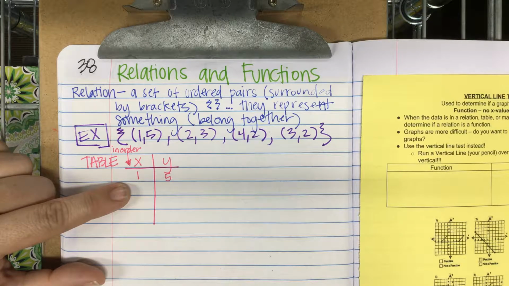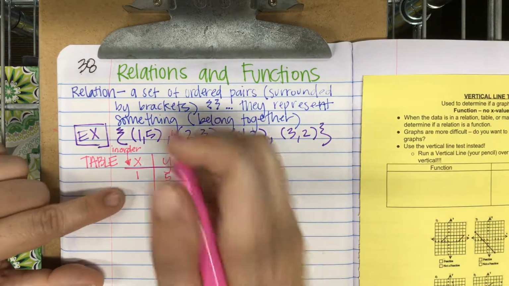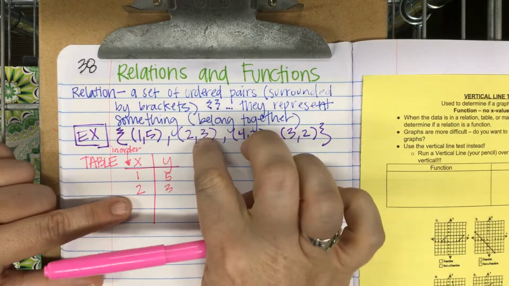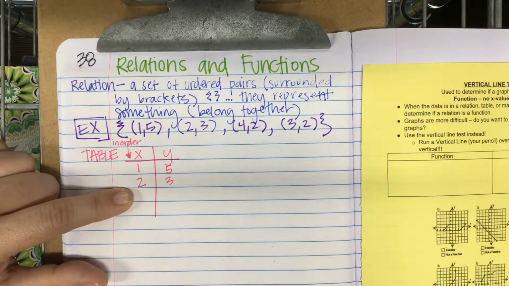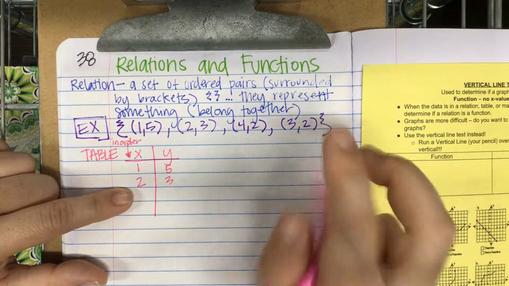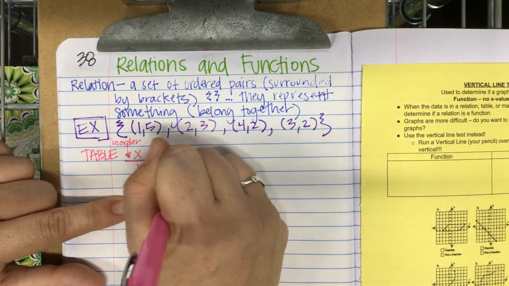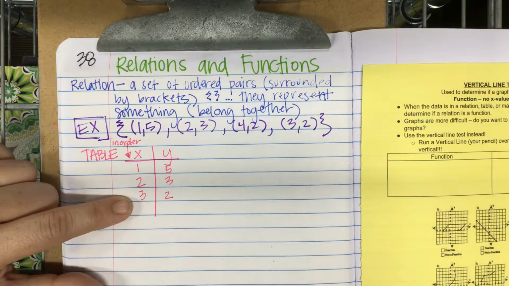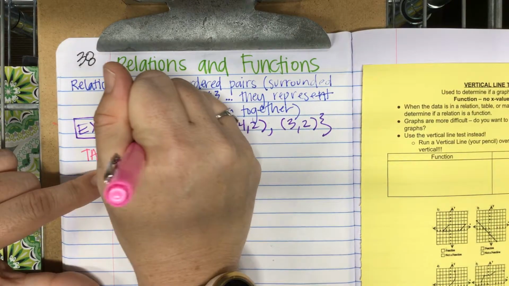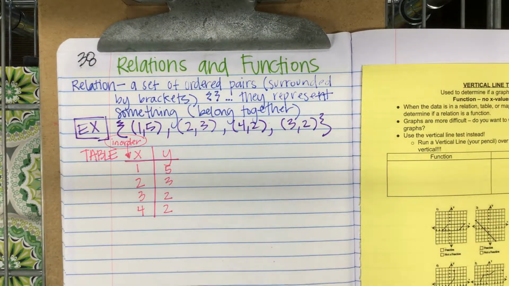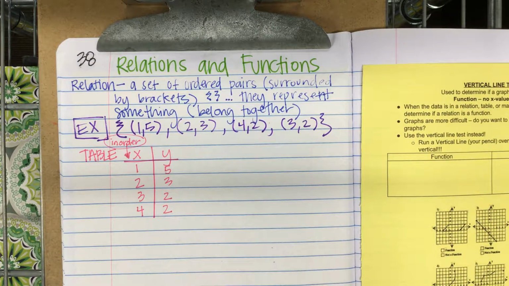What's my second x value? 2, 3, right? The ordered pair is 2, 3. 2 is my second x value. Then what should I put? 3, 2. And last but not least, my x value needs to be in order when you put a relation into a table.